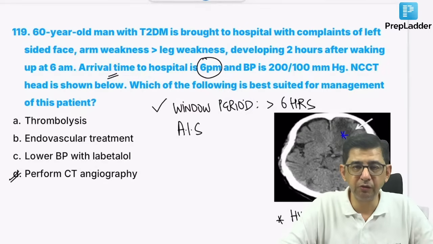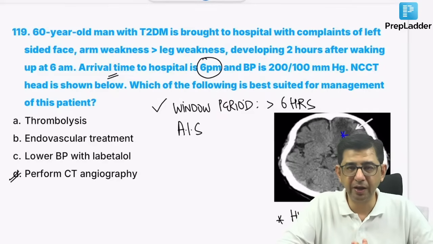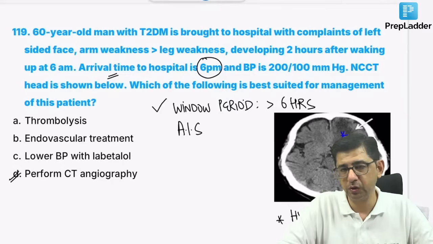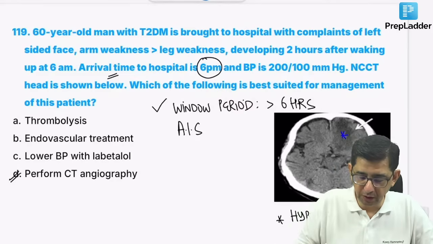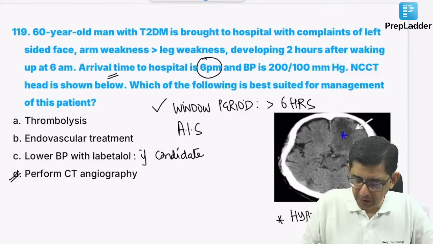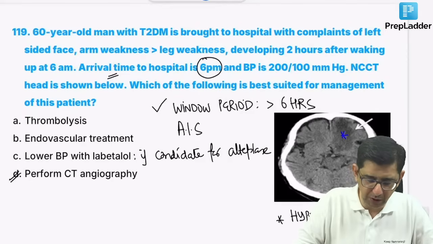CT angiography is done to identify a large vessel stroke, that is, to document whether there is an LVO or not. And lowering BP with labetalol is done if the patient is a candidate for thrombolysis. In this patient, who is outside the window period, option C can be ruled out.